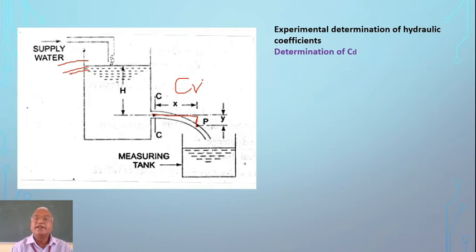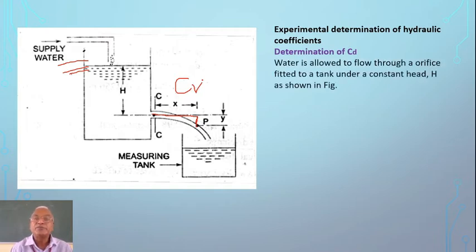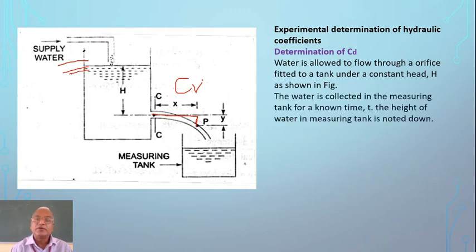Determination of Cd. Now how do you find Cd? Water is allowed to flow through an orifice fitted to a tank under a constant head H as shown in the figure. The water is collected in the measuring tank for a duration of time t.